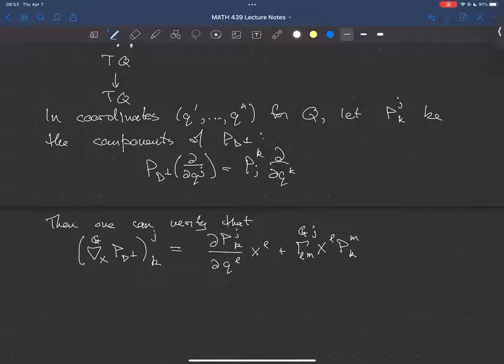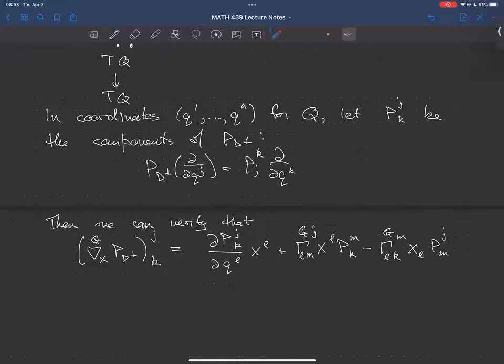That's one term. And then you're going to get a minus gamma G L, and again, it's going to be X L. Okay, and then there's going to be a P here, and it's going to be K M, M J, like that. Okay. All right, so that's what it looks like.